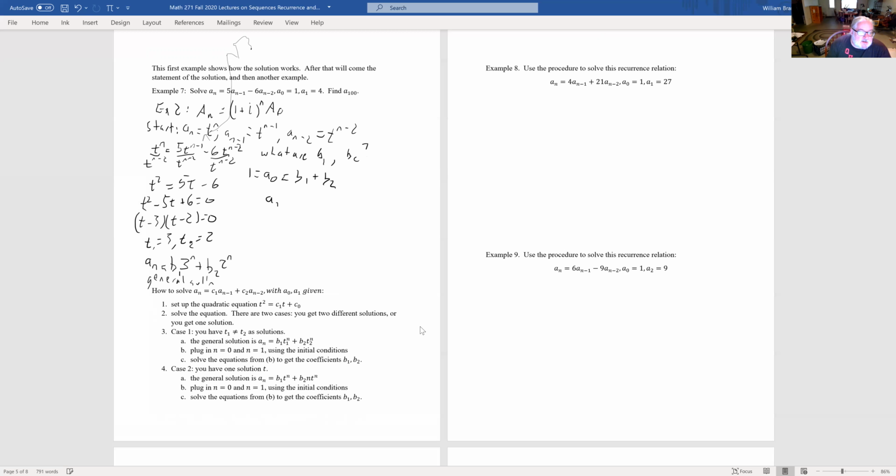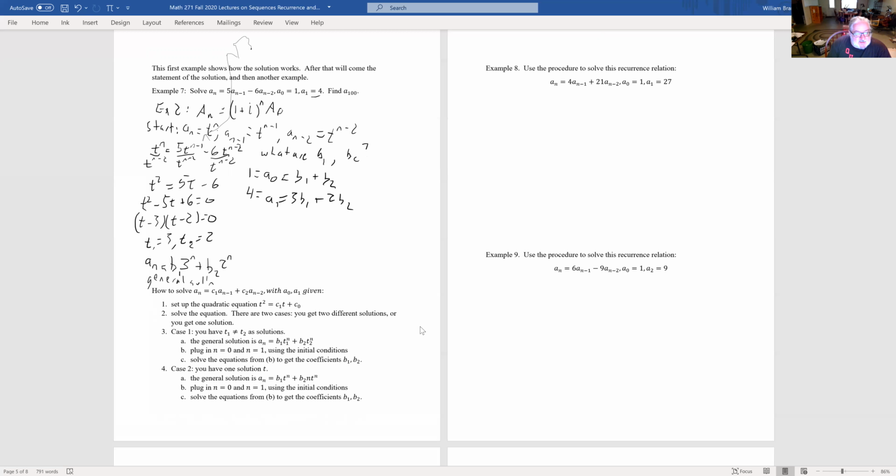And I know a_1, my other initial condition, is equal to 4. On the other hand, if I plug 1 into the general solution, I get 3B1 plus 2B2.